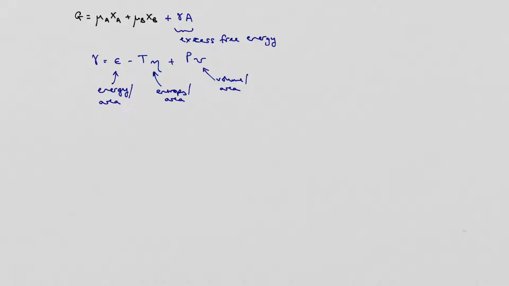We've got G up here is proportional to gamma times A, the contribution that depends upon the area. And so dG, we could write, is gamma dA plus A d gamma. Just taking the total derivative of gamma times A.